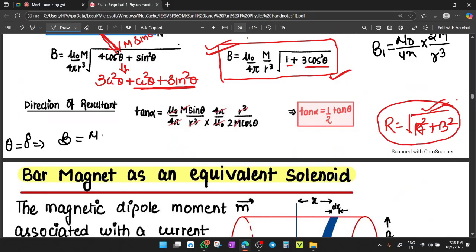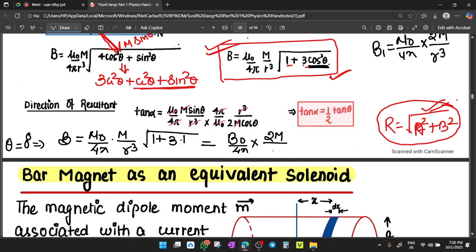B equals mu naught upon 4 pi, m by r cube, under root of 1 plus 3 cos square 0. You know cos 0 equals 1, so 3 multiplied by 1 gives 3. So 1 plus 3 equals 4, and the square root of 4 gives 2. So B equals mu naught upon 4 pi into 2m by r cube. Agree?